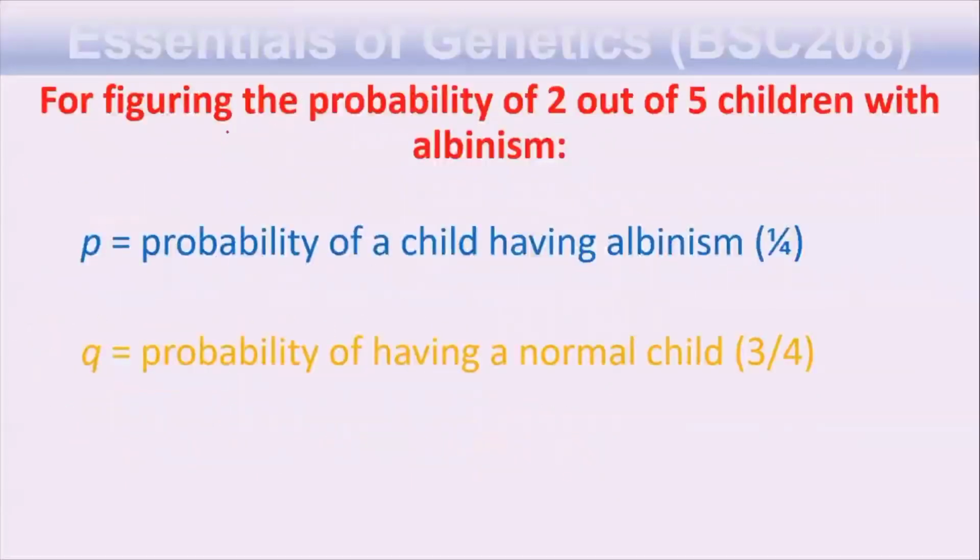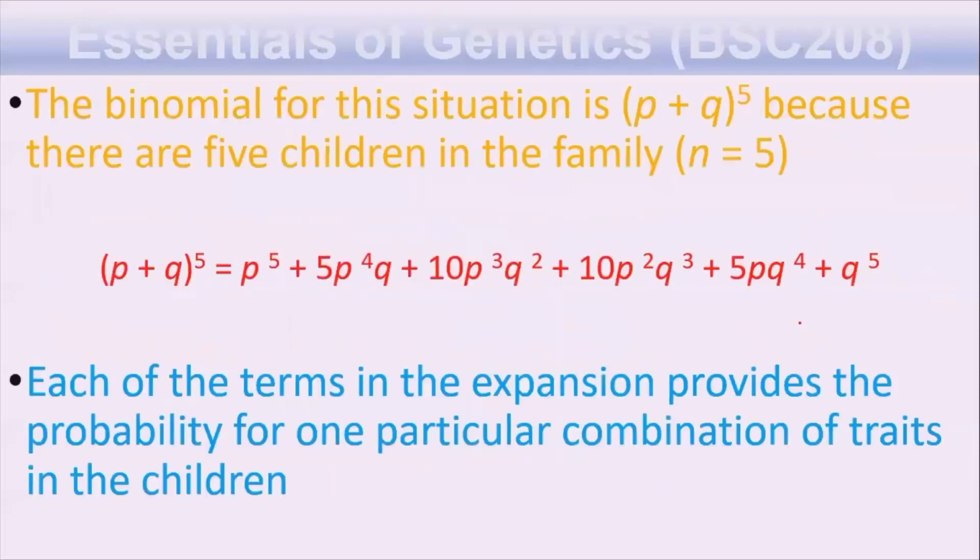So for figuring the probability of 2 out of 5 children with albinism, small p is equal to the probability of a child having albinism, and that is always 1 by 4. And q is the probability of having a normal child, and that is always 3 by 4. So we will calculate all these.